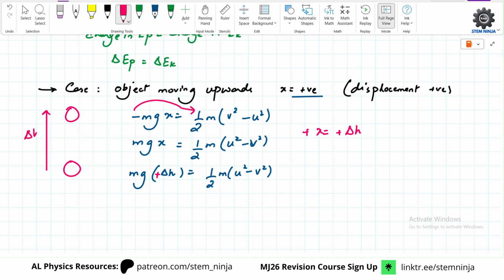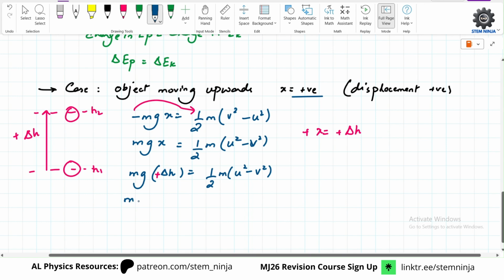So this is the direction of change in height. So if we designate this as height 1, this is your height 2, this would be mg h2 minus h1 equals to half m u squared minus v squared. So different forms of the same thing.